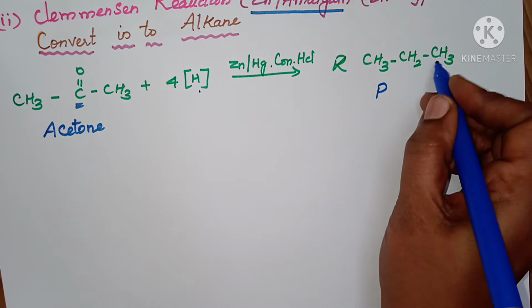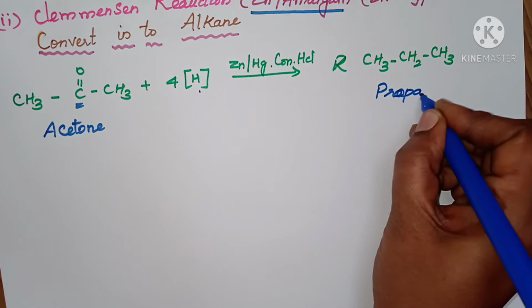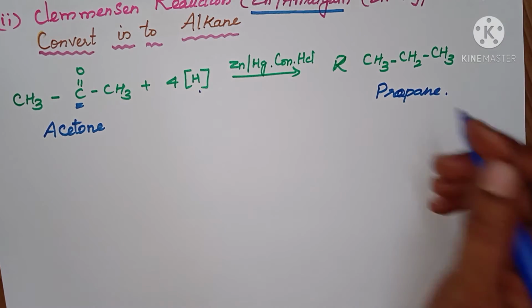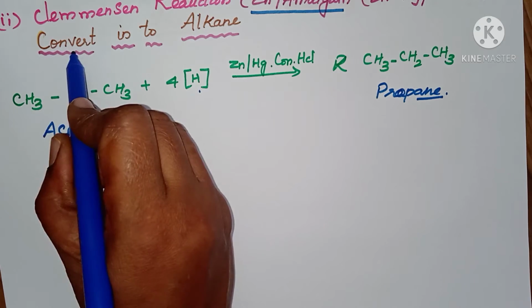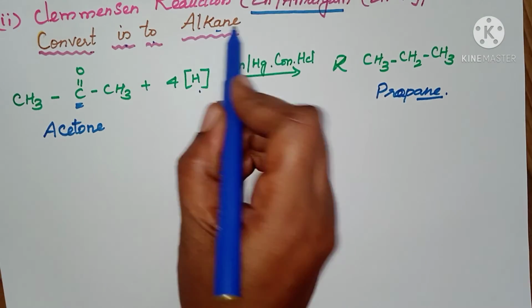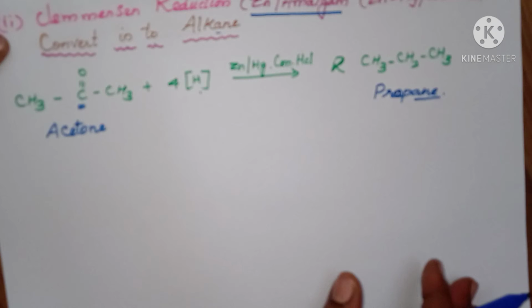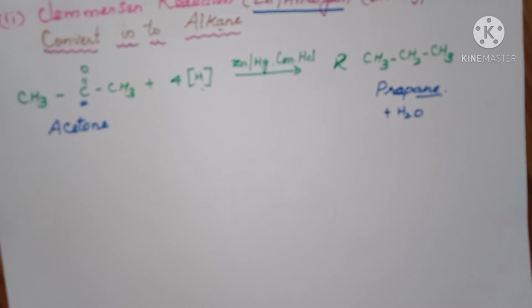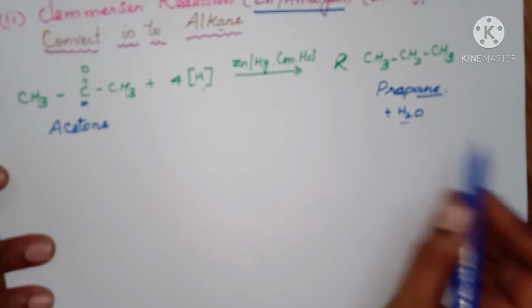Propane, because three carbons are there. Propane, all single bonds, so naturally only ANE will come. So aldehydes or ketones convert into alkane, as I mentioned. And the name of the reaction is Clemmensen reduction. Okay, you got it. The by-product is water molecules.